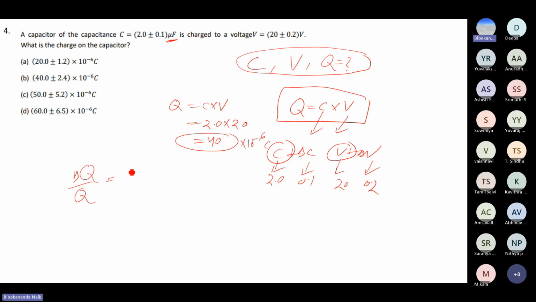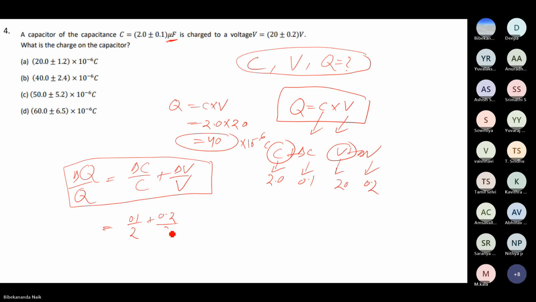The formula for delta Q calculation is delta Q by Q is delta C by C plus delta V by V. So this is the formula. When you put the values, I request everyone to mute themselves.